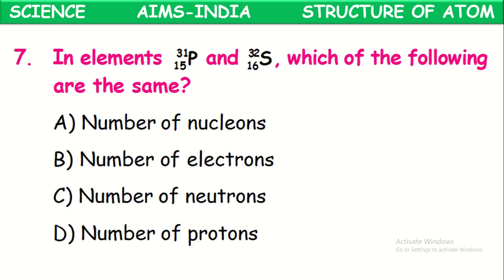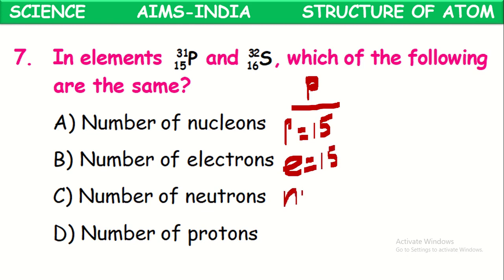Next, in the elements phosphorus 31 and sulfur 32, which of the following are the same? To know that, first let us find the number of fundamental particles in each. If we take phosphorus, the number of protons will be equal to its atomic number, 15. The number of electrons is also equal to the atomic number, 15.